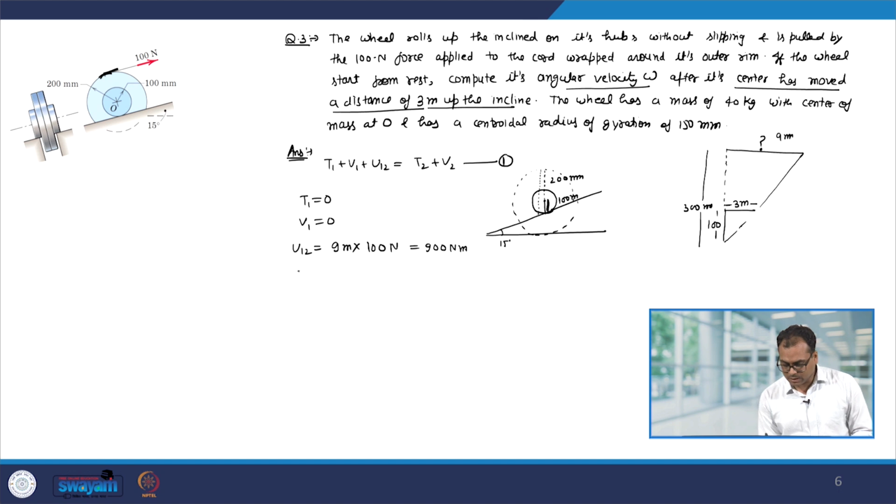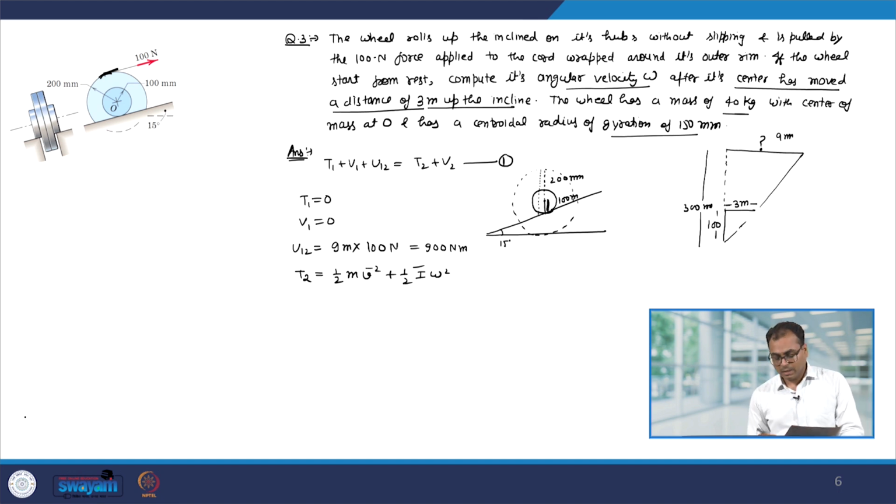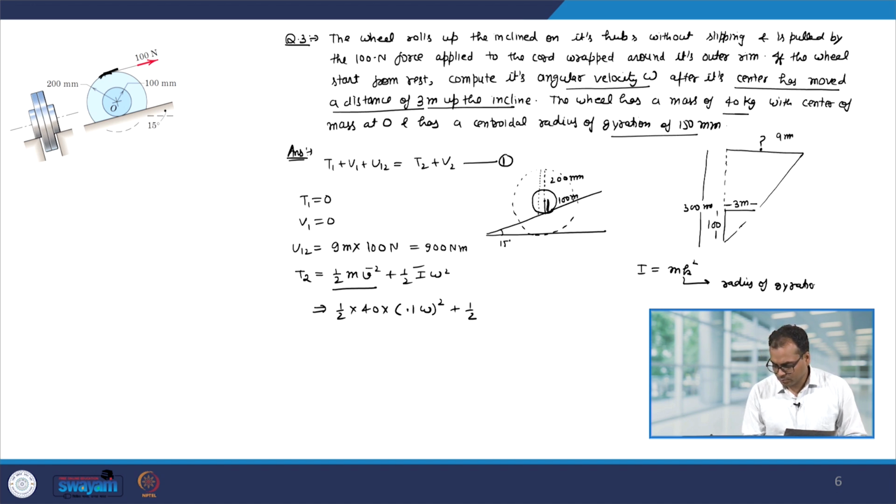Now, let us look at the final kinetic energy. So, that will be half mv square plus half I omega square. Now, let us write down half mv square. So, that will be half, m is given, it is 40 kg, and v is equal to r omega, r is 0.1 into omega square, plus we have half I omega square, and I is equal to m k square, where this k is the radius of gyration, and it is given that radius of gyration is 150 mm.